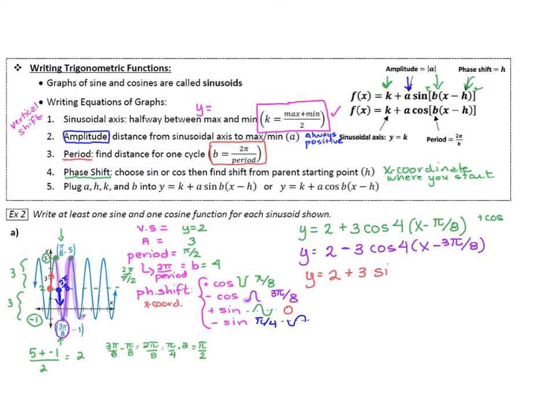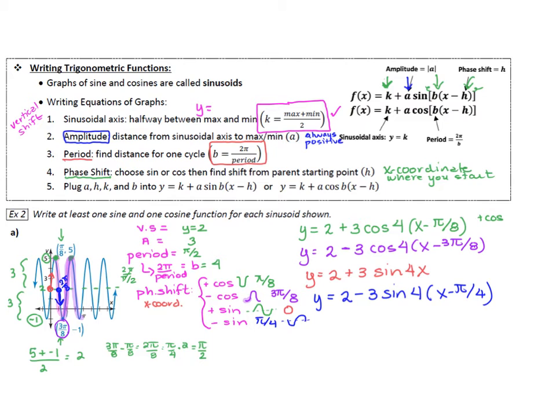Everything is the same, except for where you start. In this case, we're starting at 0, so I can just put it as x. And then the last one is our negative sine, so that's going to be 2 minus 3 sine 4, and then this one is going to start at pi over 4.